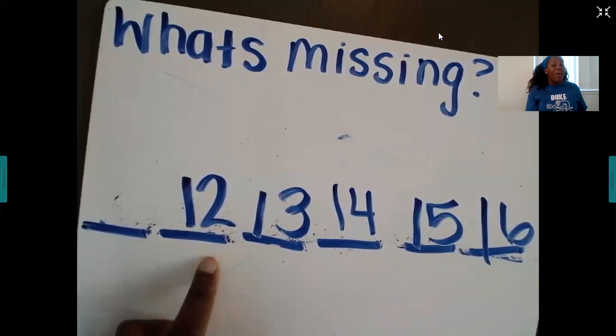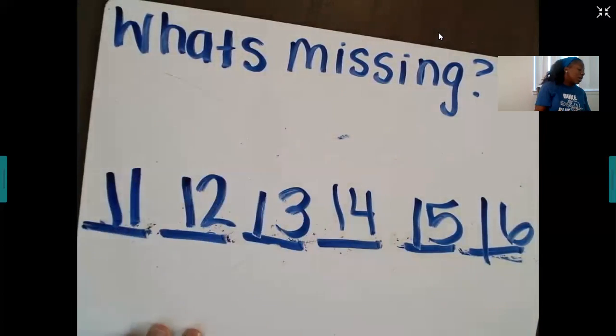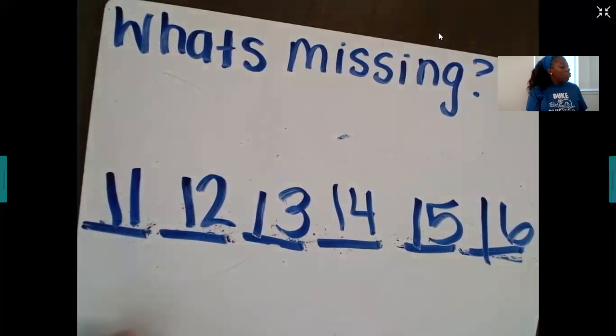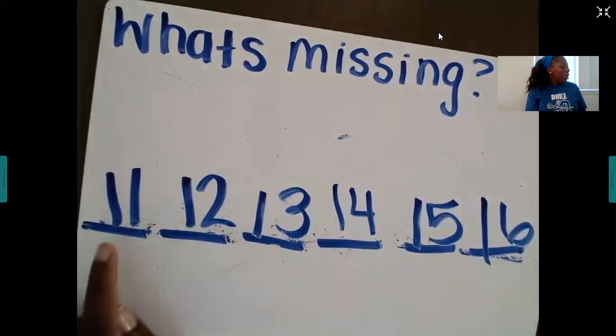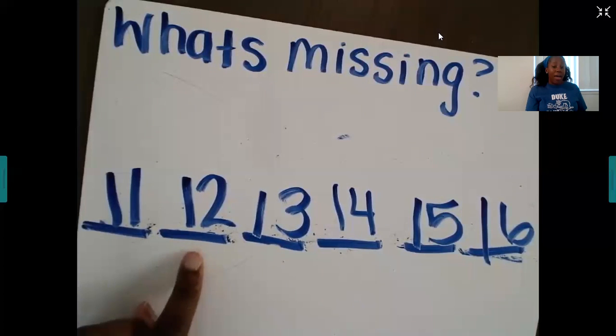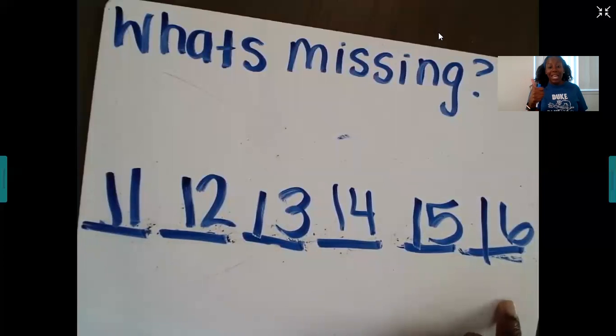Right before 12, I said 11. That's what comes before 12. So now let me see if I did it correctly, because you can count now all the way through to check your work to see if you found what was missing. 11, 12, 13, 14, 15, 16. Sounds good to me, looks good to me.